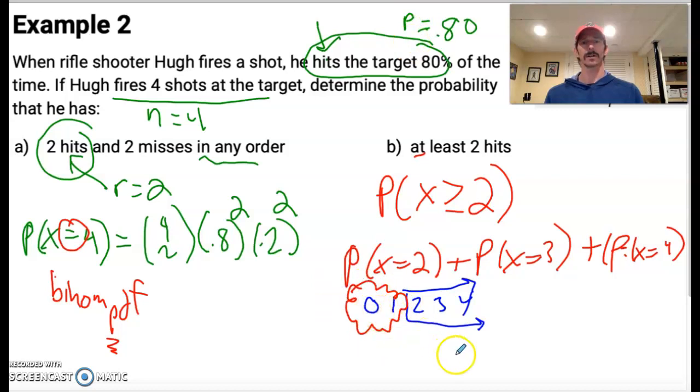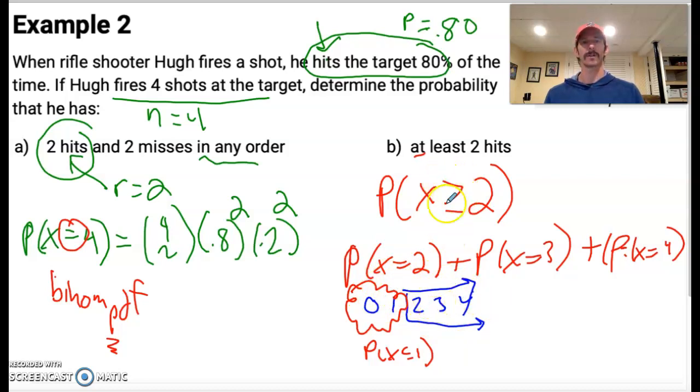So if my calculator can calculate that, notice that it can calculate the probability that x is less than or equal to 1, but I want greater than or equal to 2. So the nice thing is that this little red cloud and this little blue shape, those 2 events together have to add up to 1 because that's all the possible situations.